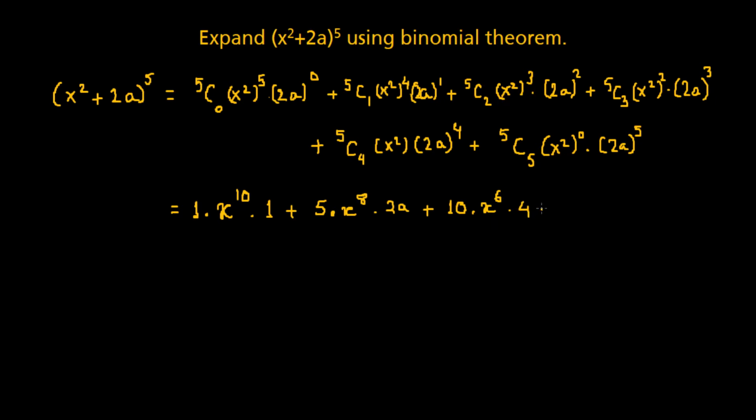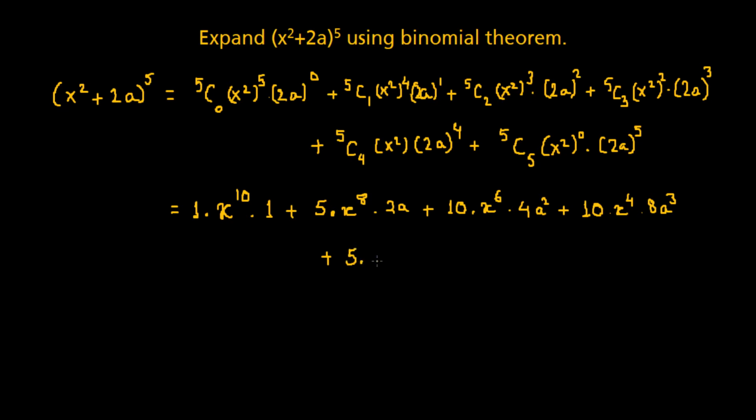plus 5c3. Now 5c3 is also 10. 10 times x raised to the power of 4 times twice of a whole cube will give us 8a cubed, plus 5c4. 5c4 is 5. My bad.